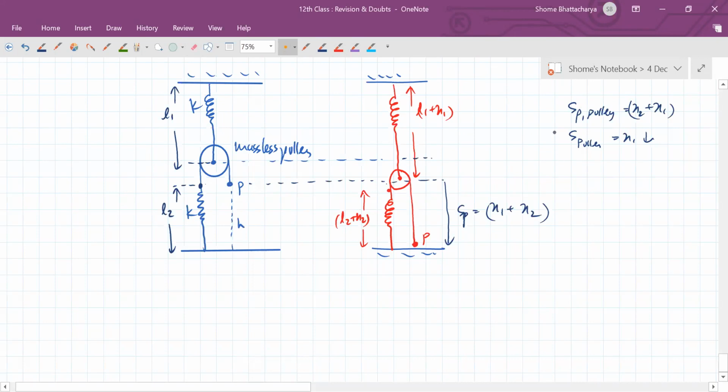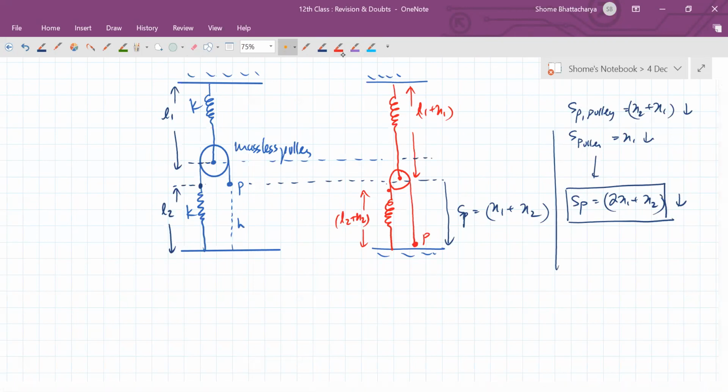Okay. So now from this you can see that the displacement of the point P will become 2x1 plus x2 downwards. Yeah, that's okay, Samik. I just want to clarify for everybody discussing this in a classroom environment. Okay. And then of course there's a constraint relation that whatever force you are applying here is this tension, and this tension is equal to the force in the spring.